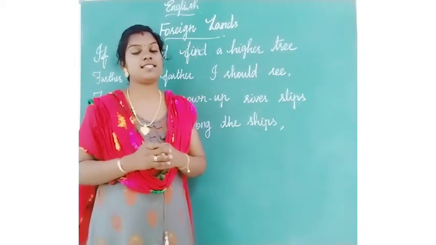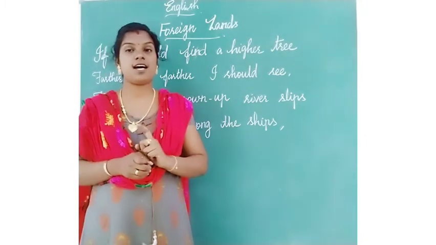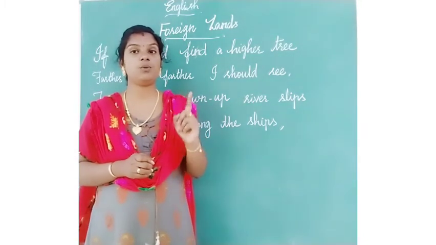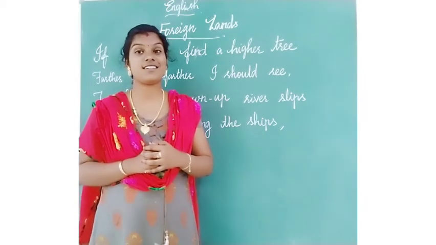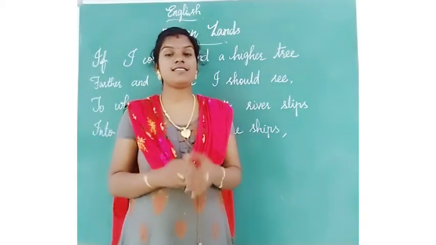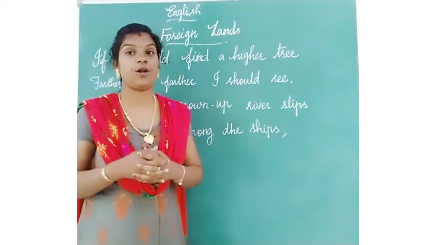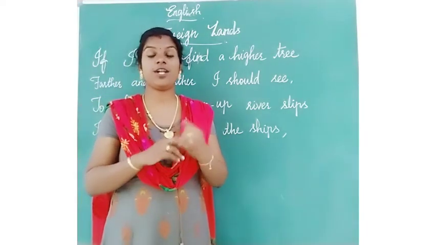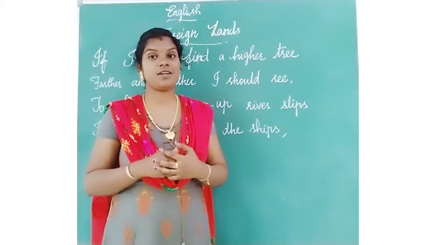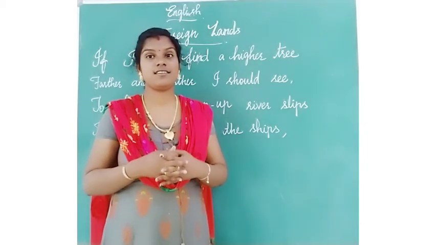In the first stanza, we have learnt a new word. Do you remember? Abroad, right? We have learned some other words for abroad: foreign, overseas, and the new one, strange.